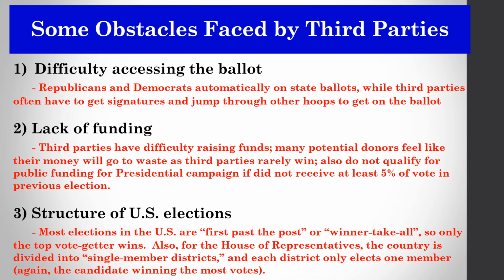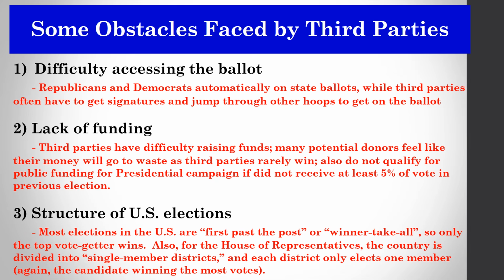This would be in contrast to European systems, where, as we said, a lot of them are multi-party systems where you often see a proportional voting system. In other words, they may vote nationally, and let's say the Republican Party nationally received a total of 35% of the vote, and the Democratic Party received 40% of the vote, and maybe the Libertarians received 10% of the national vote, and the Green Party received 7% of the national vote, etc. If that were the case, they would then divvy up the seats in the legislature.